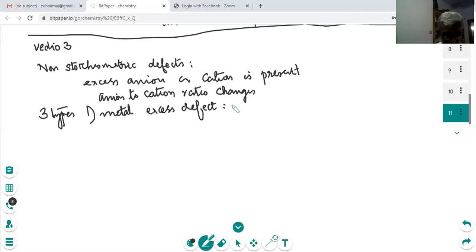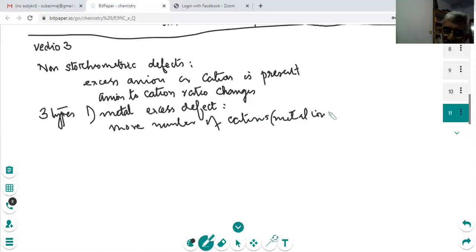So there will be more metal ions, more cations, than anions. That is the meaning. As I told you, it can be due to extra cations or a deficiency of anions, due to the vacancy created by their absence.